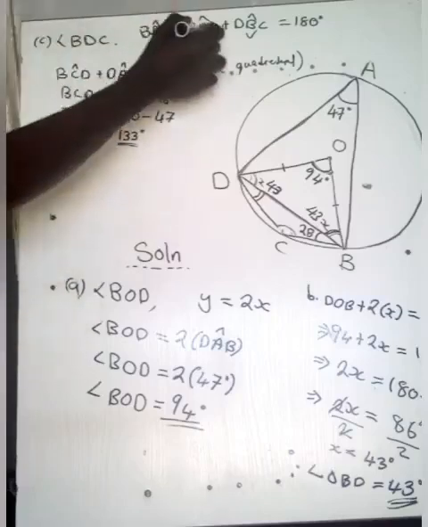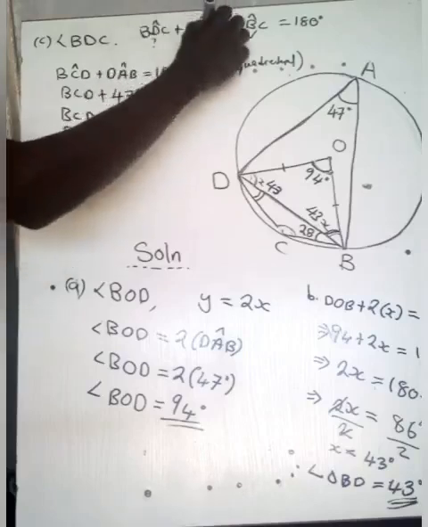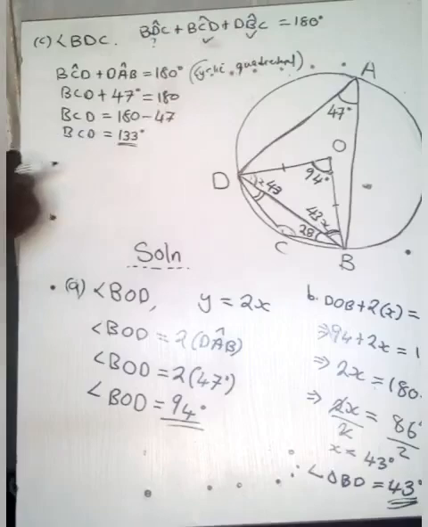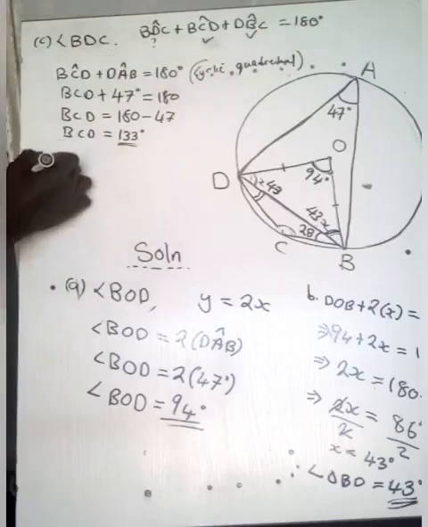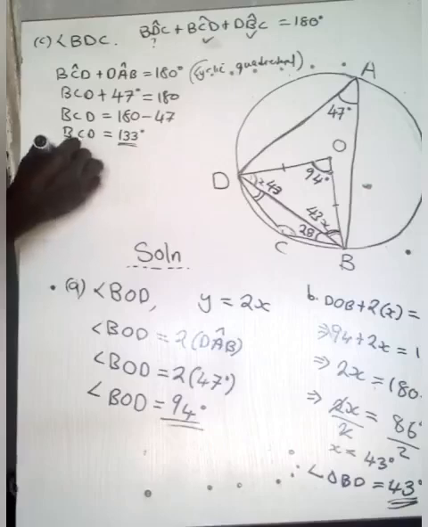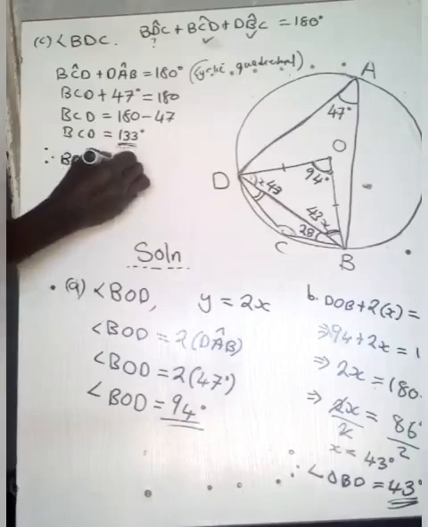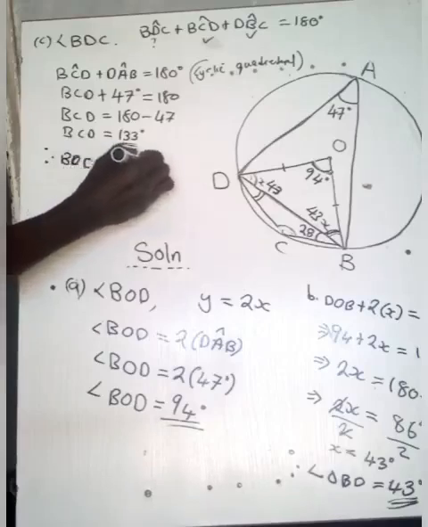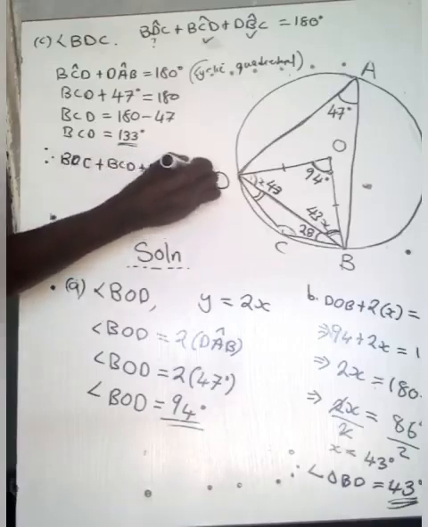It means when I come here now, I have known this one. It's no longer something I need to find. BCD is 133. Then using this formula, I can calculate BDC. Therefore BDC plus BCD plus DBC should give me 180.